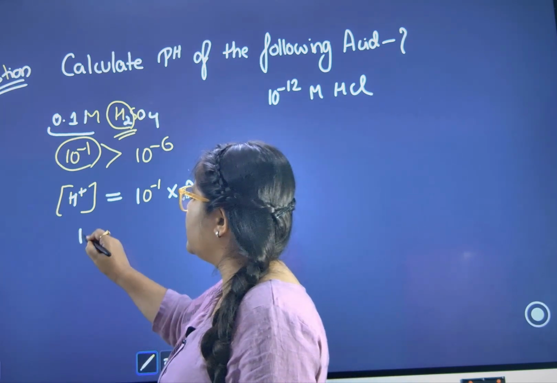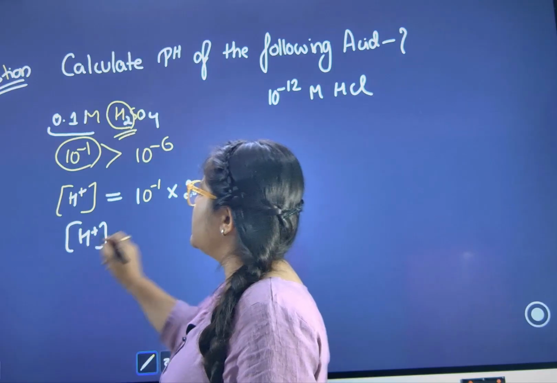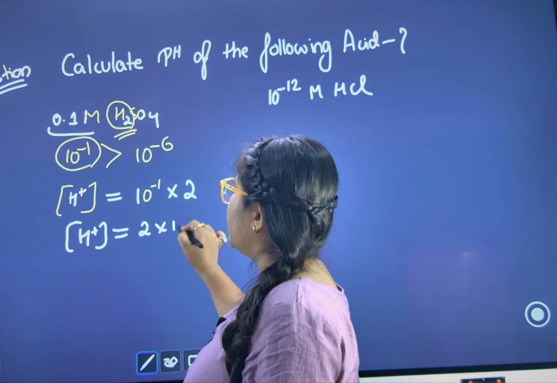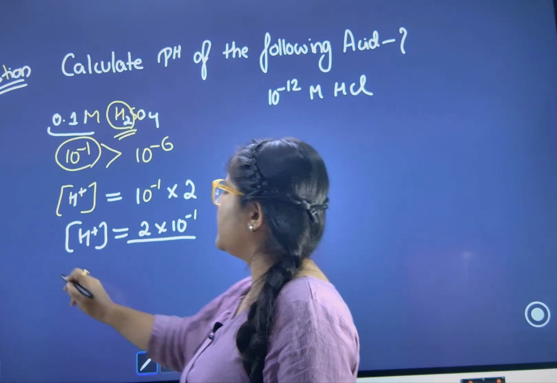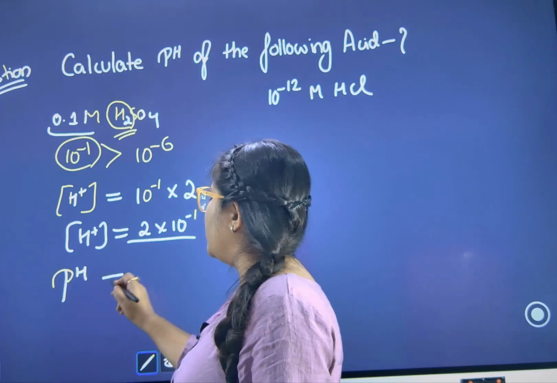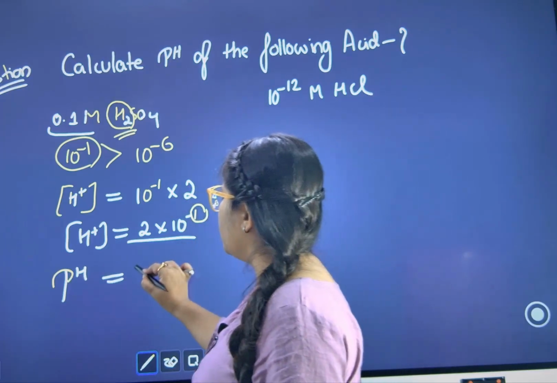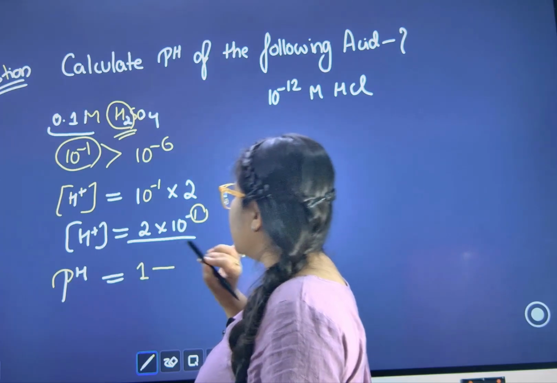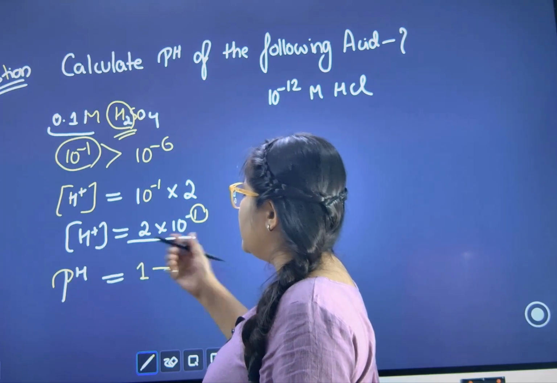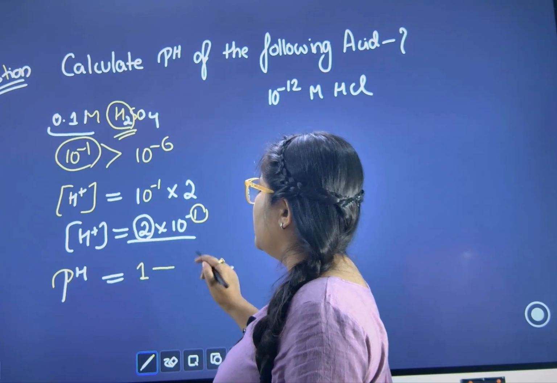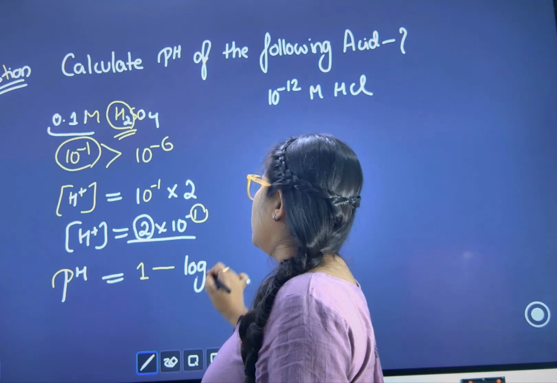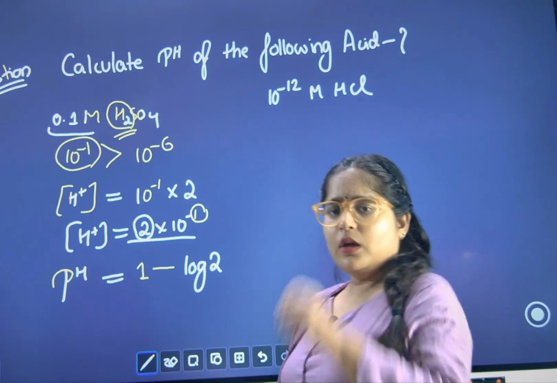Whenever you see H ion as 2 into 10 to the power minus 1, directly you calculate pH equal to whatever is the power, that power you bring first, so it will come as 1 minus, and whatever is the first number, that will come as a log. It will become 1 minus log 2.